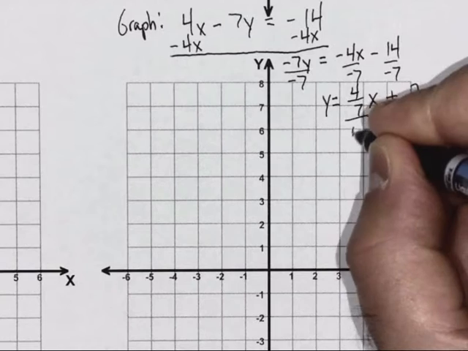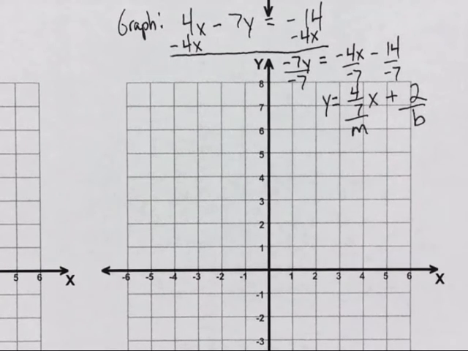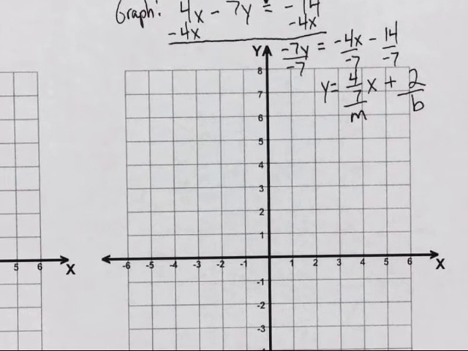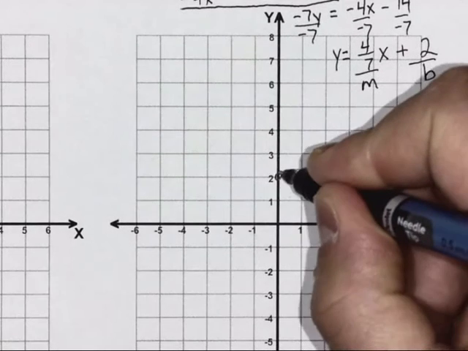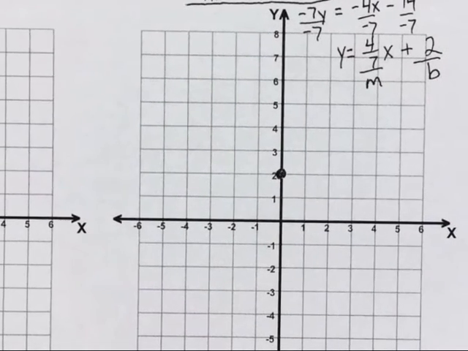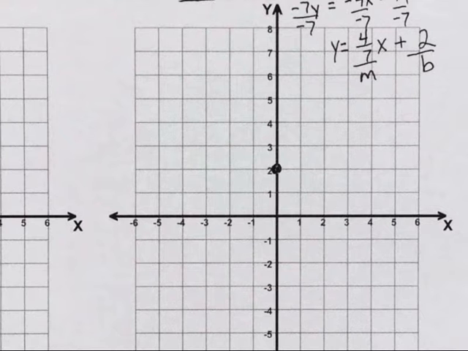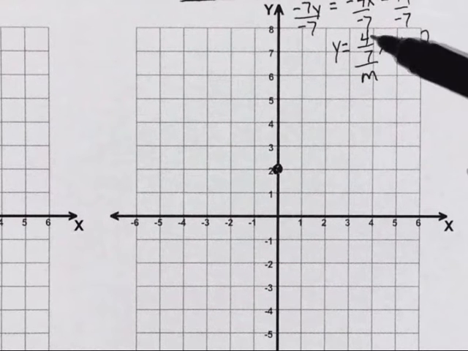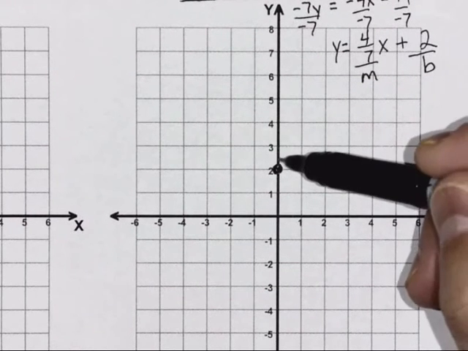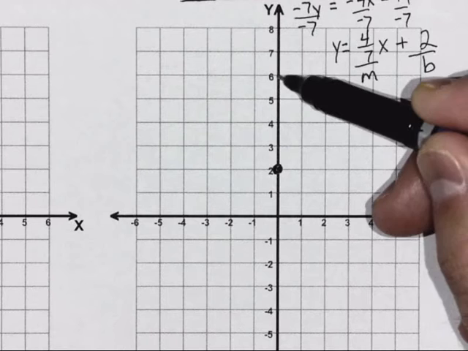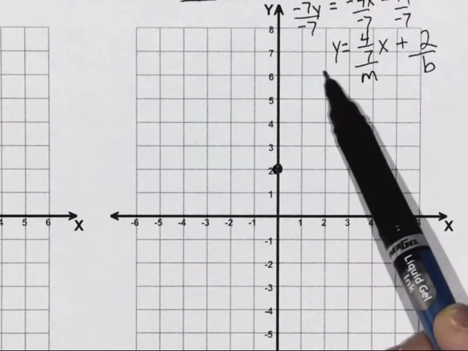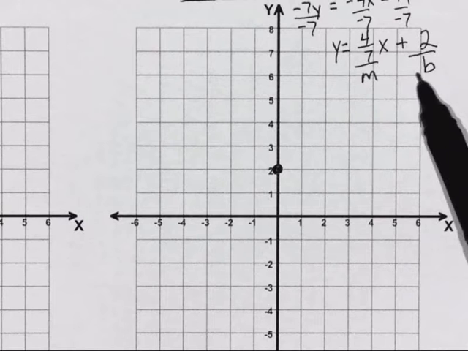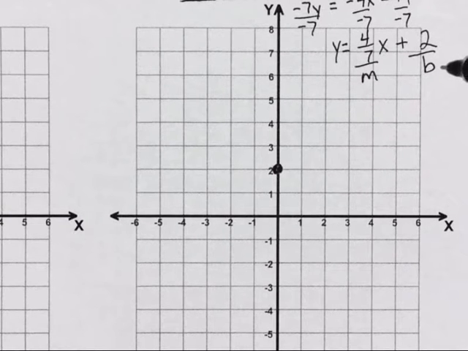Now I've got my slope, I've got my y-intercept. So now I can graph. Start at 2, which is the y-intercept, and I'm going to go up 4 because that's the numerator of my slope, so that's the rise. 1, 2, 3, 4, and then I'm going to go over 7. 1, 2, 3, 4, 5, 6, and I ran out of tick marks. 7.